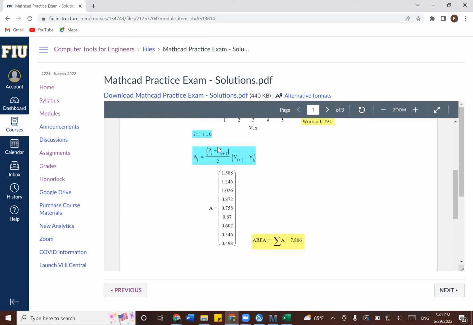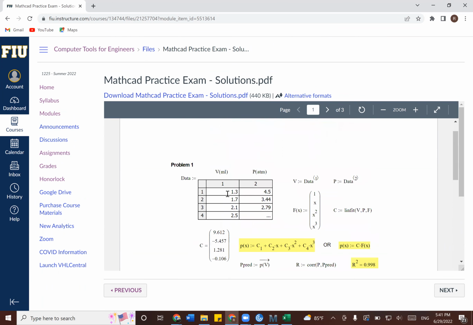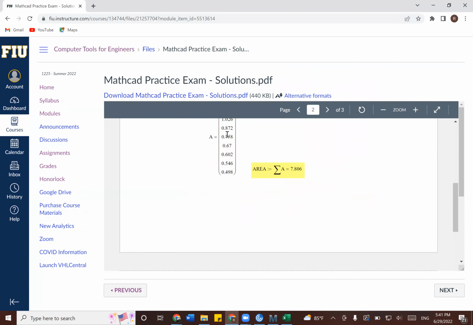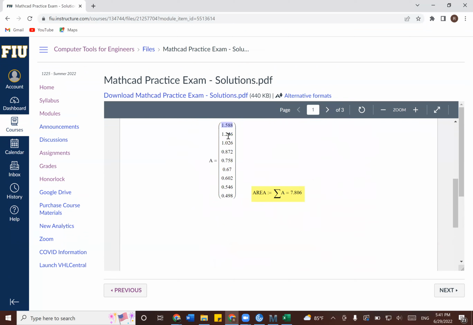Okay. And then it gives that value to A1, which would be this first value here. So this value here, 1.588, is the area between 1 and 2. And then this next value is between 2 and 3, and then 3 and 4, and 4 and 5, all the way up to 9 and 10.